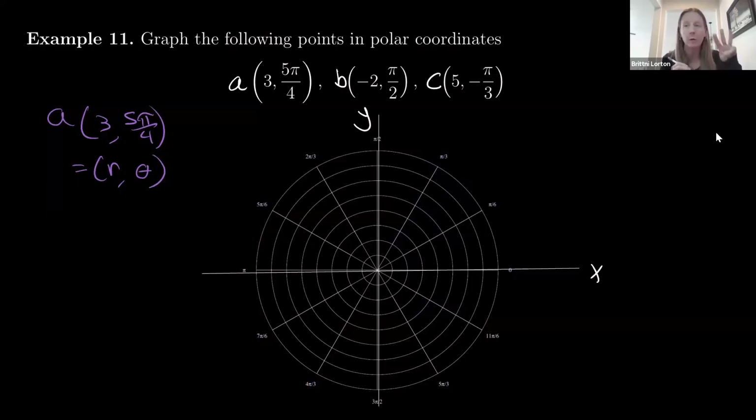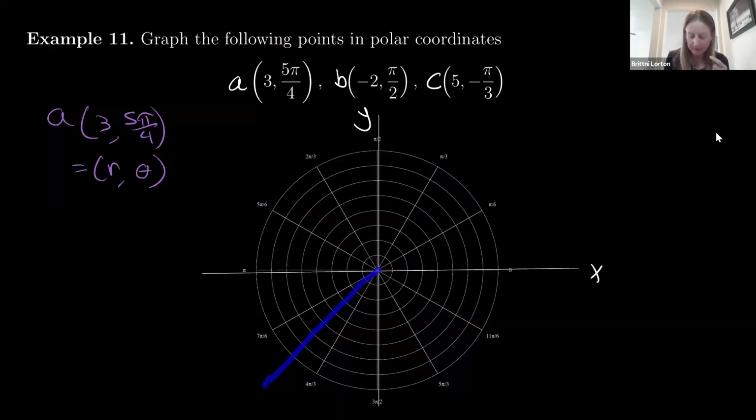So I'm going to go 3 units away from the origin, straight away from the origin, but I'm going to face the angle of 5 pi over 4. So I need to find the angle of 5 pi over 4. I have a few angles drawn for you to remind you where the angles are, but hopefully you know where the angles are. 5 pi over 4 is right here in the third quadrant. So that is the angle 5 pi over 4.